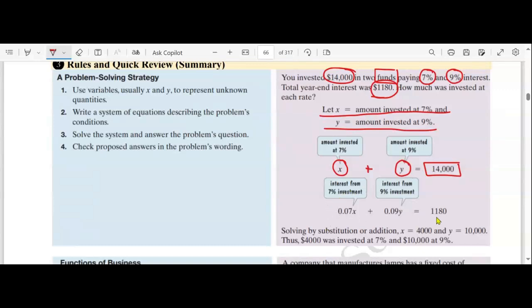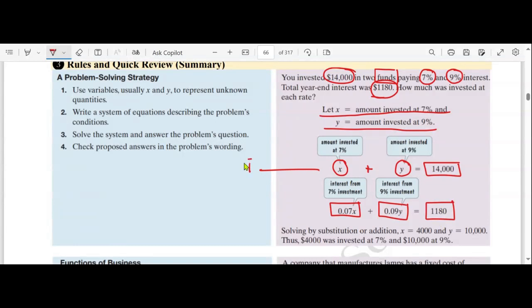Now regarding the interest, you multiply the interest rate times the amount invested: 0.07 X, plus 0.09 times Y, and that equals $1,180. That's what you made by the end of the year.